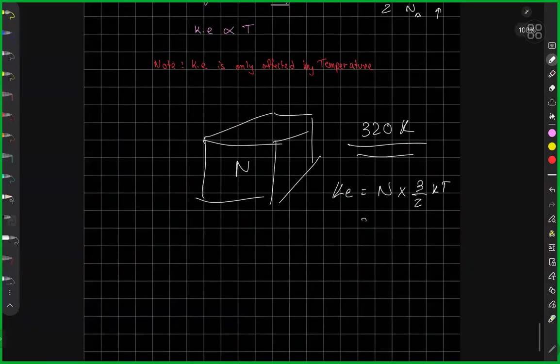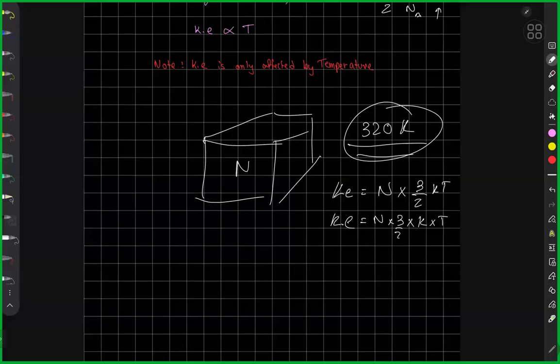So what do you have? You have the number of particles, which the question gives you, times 3/2, which is a constant, times k, which is also a constant given in your formula sheet, and times the temperature, which is 320 Kelvin. So what is this kinetic energy? Total kinetic energy of the system.